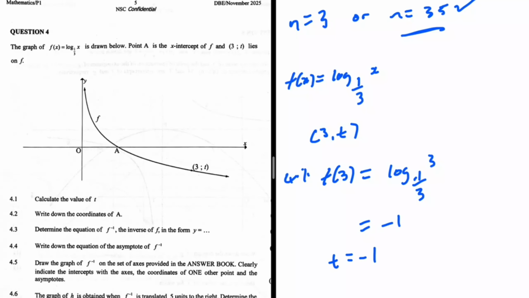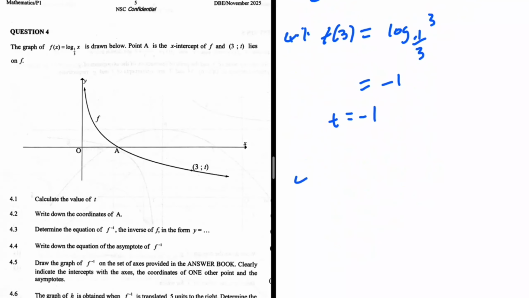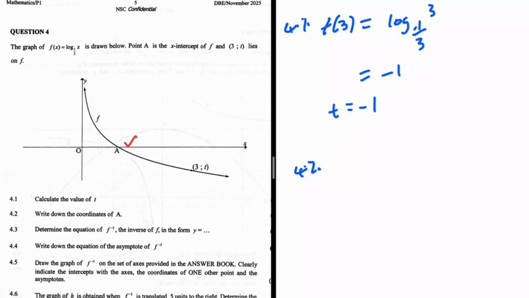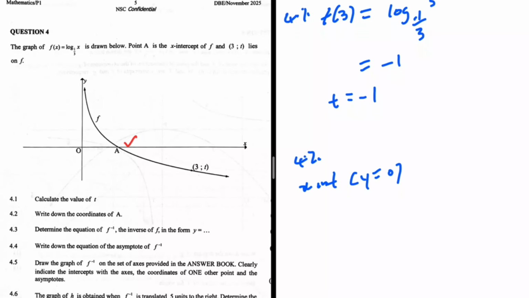Okay, 4.1. Let's take a look at 4.2. Write down the coordinates of A. Why does the question say write down? Is it that easy to see? What is special about A? A is the x-intercept of f. So for the x-intercept, we know that y equals 0.